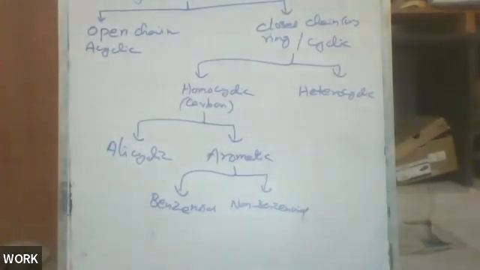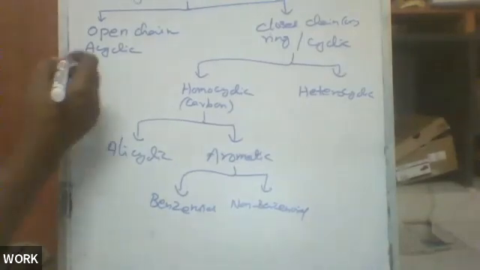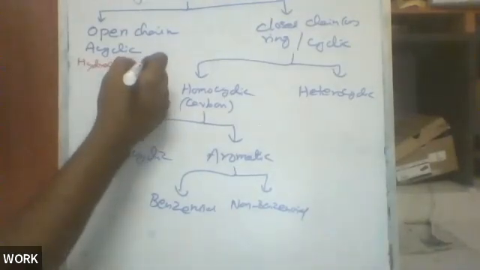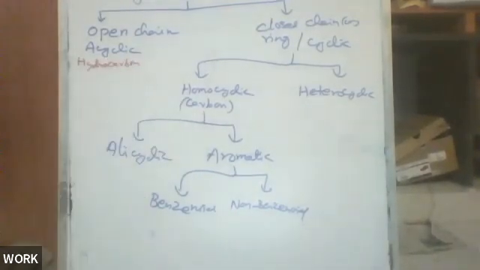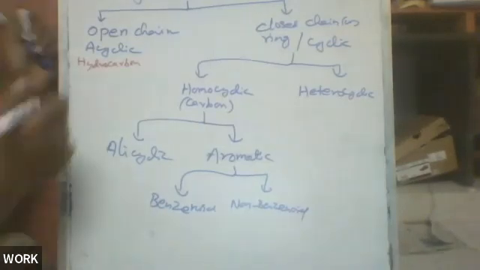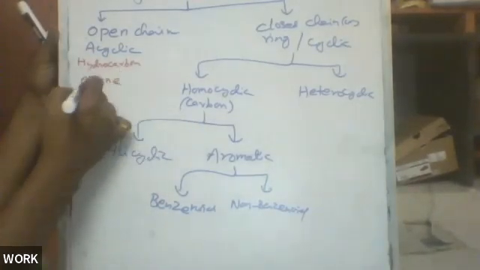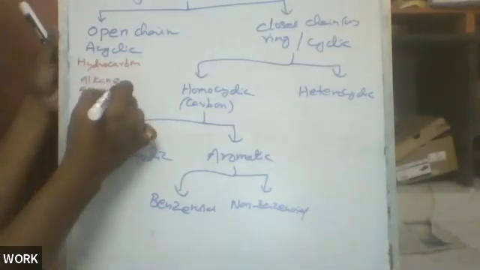For example, open chain compound means hydrocarbons. All hydrocarbons. What are they? Alkane, alkene, and alkyne.